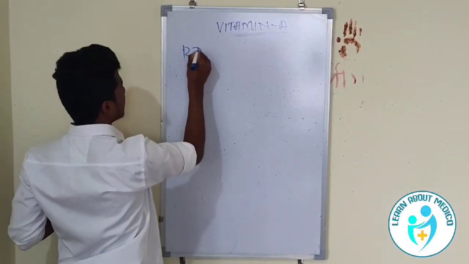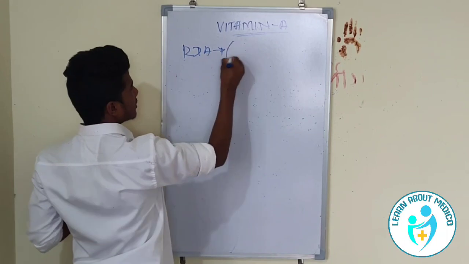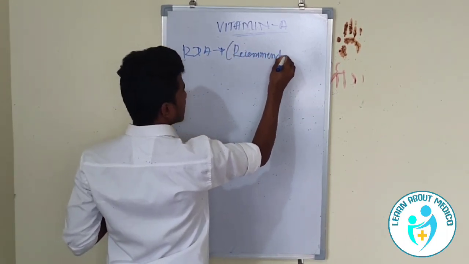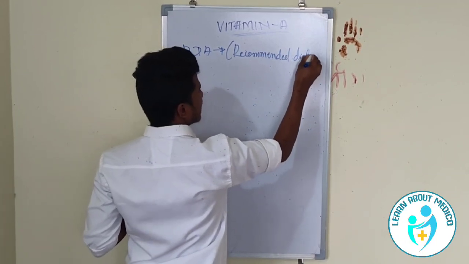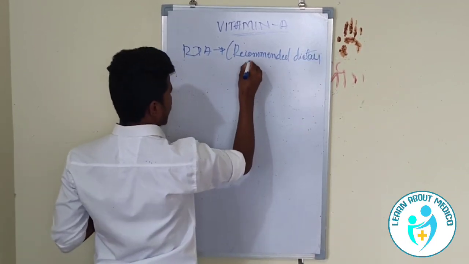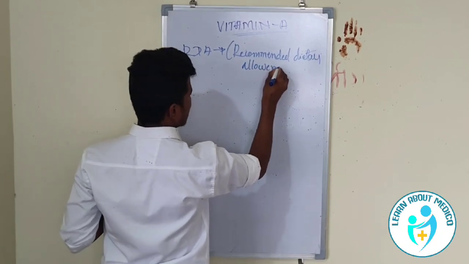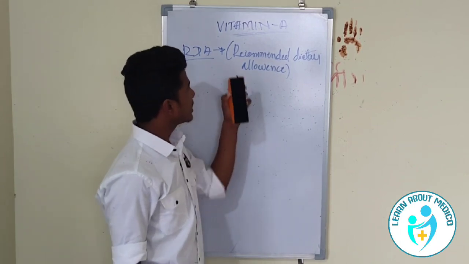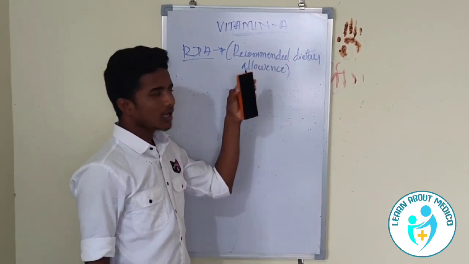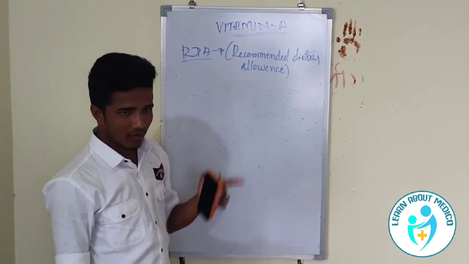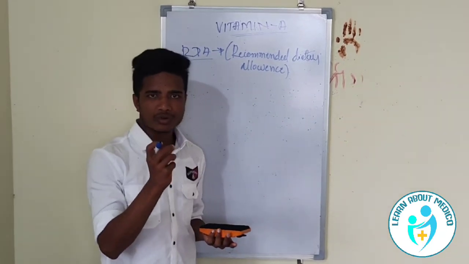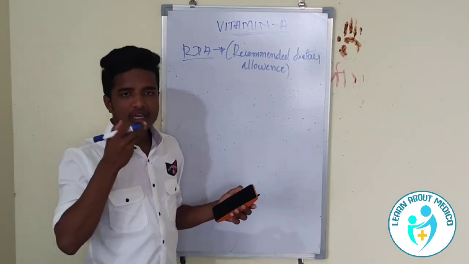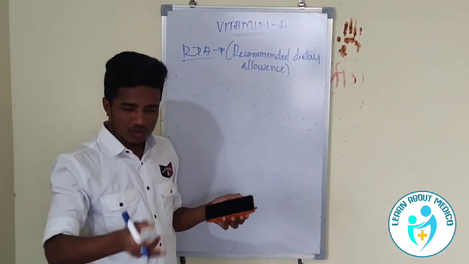RDA, that is nothing but the recommended dietary allowance. The RDA of that vitamin. The recommended dietary allowance is the quantity of the nutrients which are required daily through the diet.